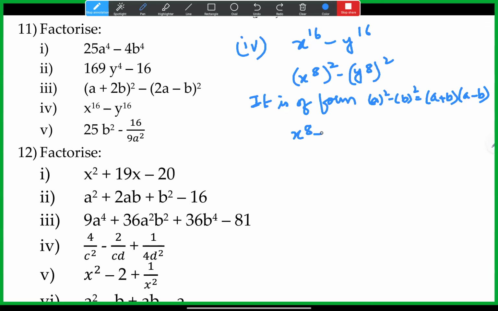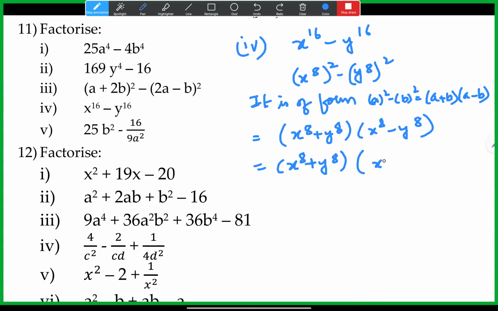X power 8 plus y power 8 into x power 8 minus y power 8. Now this thing we can further factorize. So we'll write x power 8 plus y power 8 same way. Now x power 8 we can write as x power 4 whole power 2 minus y power 4 whole power 2. Okay, Maisha, any doubt?